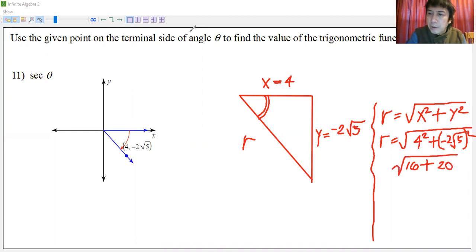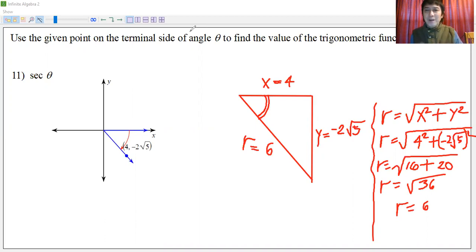And so we have the square root of 36, and r is equal to 6. So this must be positive 6. Remember, r is always positive. X and y may become positive or negative, but the r is always positive.